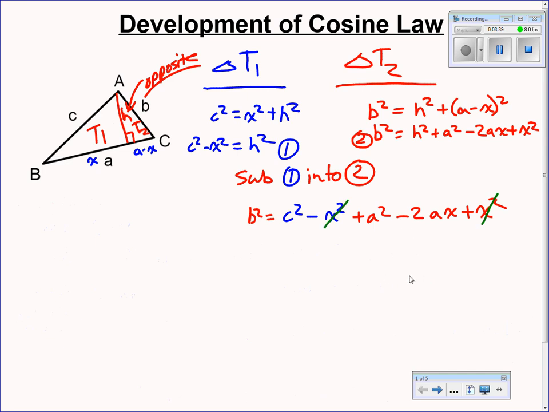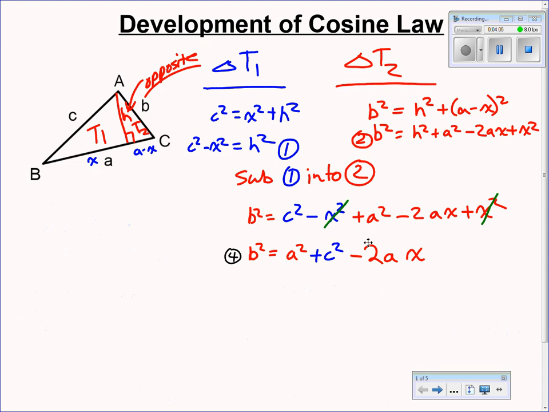They're gone. And then we're just going to rearrange all of this so that all our a's, b's, and c's are in order. So we end up with this. Let's call this equation 4. We have a squared plus c squared, and then we have minus 2ax.